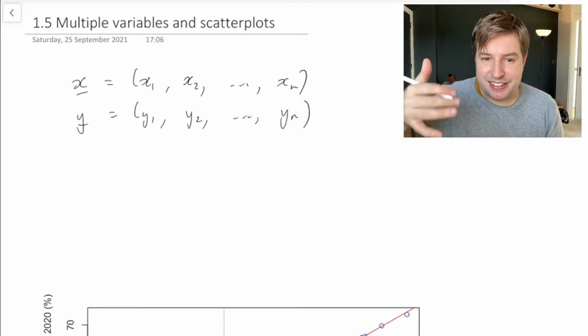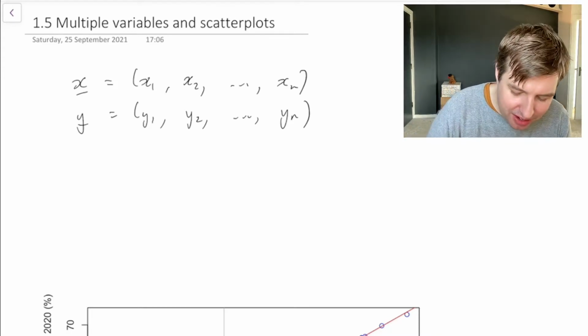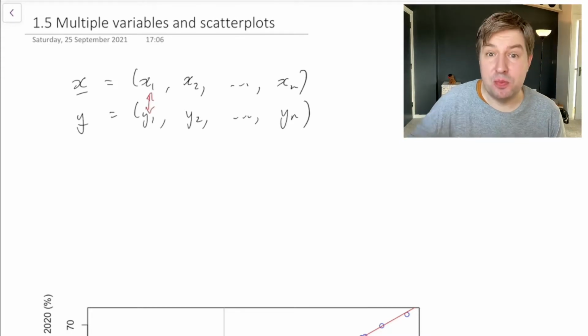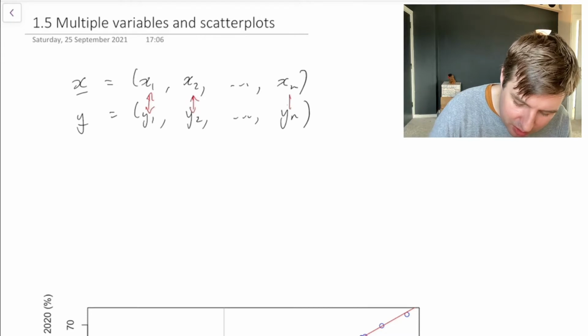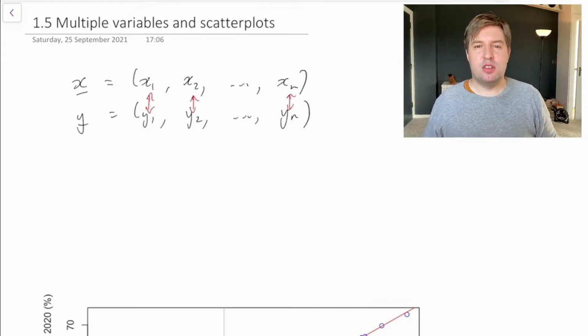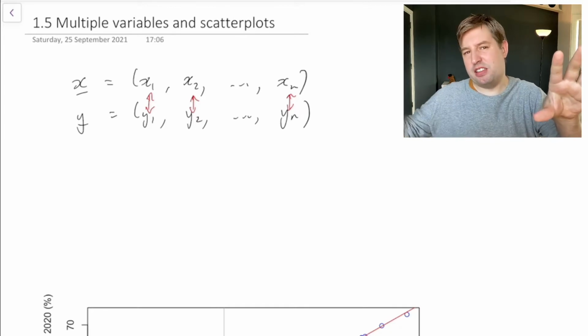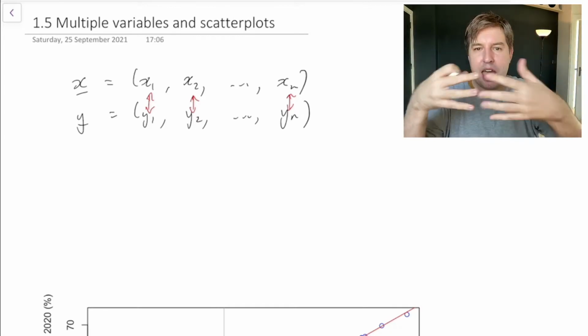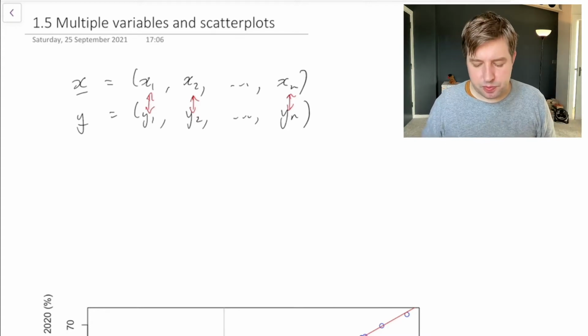But crucially, these are collected about the same thing, so the results are paired, as in x1 and y1 correspond to one another, like they're the same person's two exam scores, and x2 and y2 are paired, and xn and yn are paired. So it's not just we've collected one data set and then gone and collected some other data set. It's that they're paired because they're measurements about the same subjects.